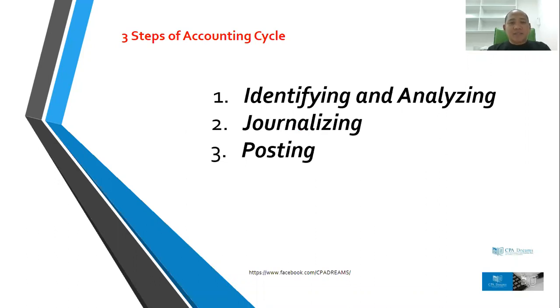After analyzing the impact on assets, liabilities, and equity, and understanding if it is a debit or credit, you need to journalize it. After your entry on the journals, you need to post it. Posting is the process of transferring data from the journal to the appropriate accounts in the ledger. So the ledger will be your final entry.